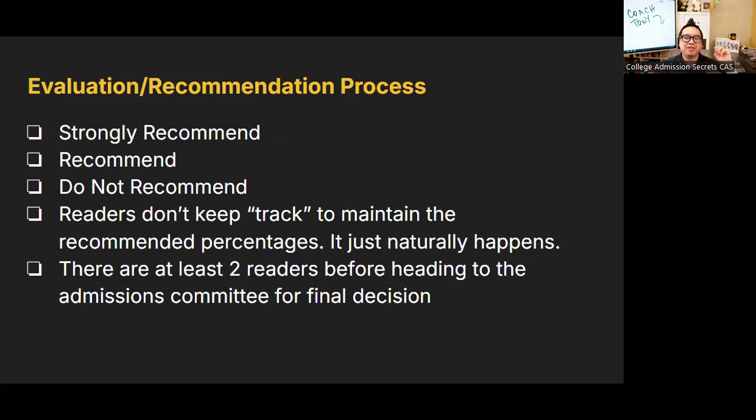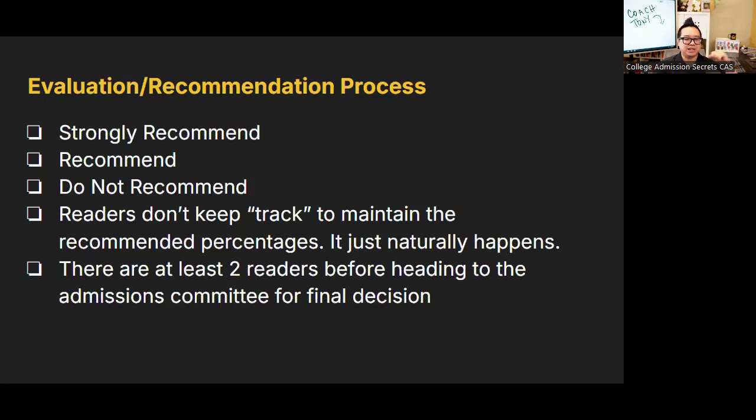But there are recommended percentages. So the majority of the apps will get a no, the smallest minority will get a yes, and a few in the middle as well. Doing that for multiple years, it just naturally happened, perfectly, with all the hundreds of readers together, we just naturally hit the score as well.